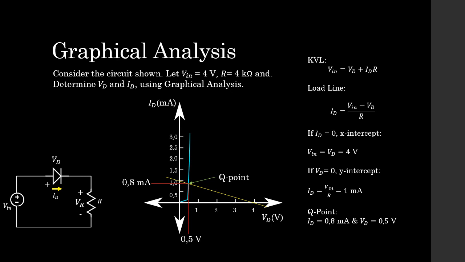And that, students, brings us to the end of lecture 3. To recap, we went through the ideal diode model, which simply meant modeling a diode as a closed switch when forward biased and as an open switch when it was reverse biased.